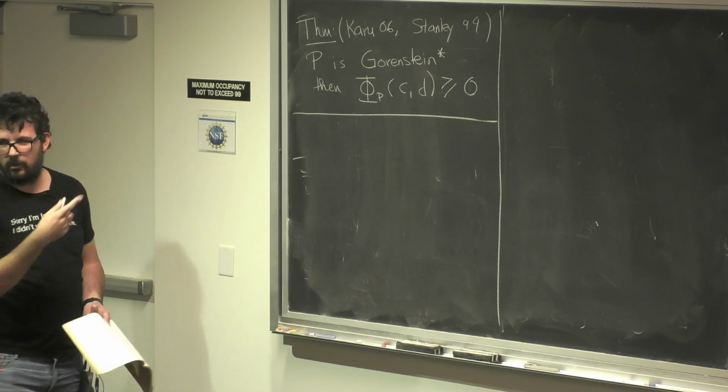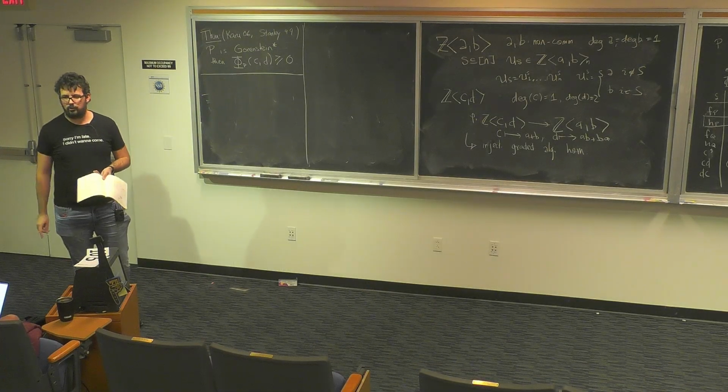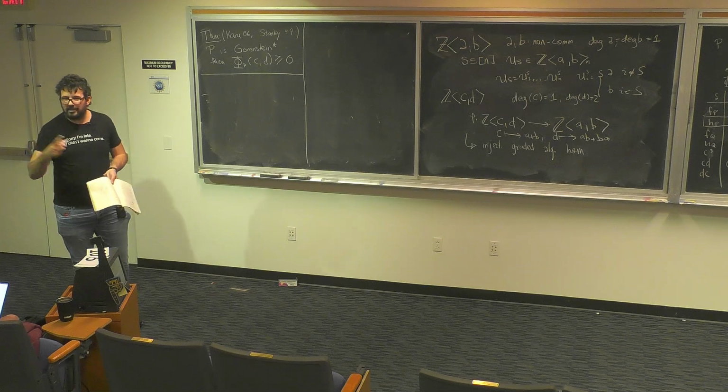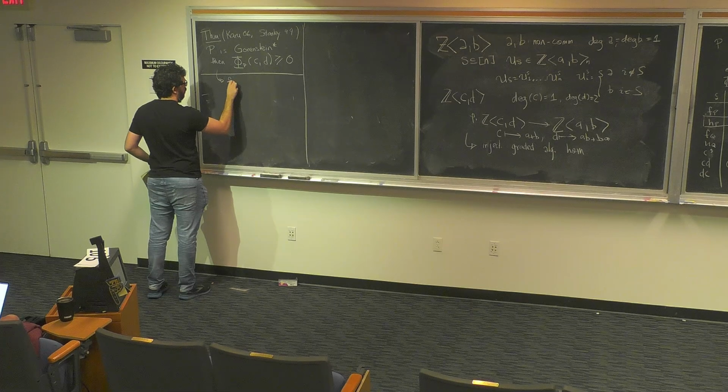Or in other words, homology cannot detect that it is not a sphere. That's what you should think about. And the point is that there's going to be some algebra. This thing is false for Eulerian.